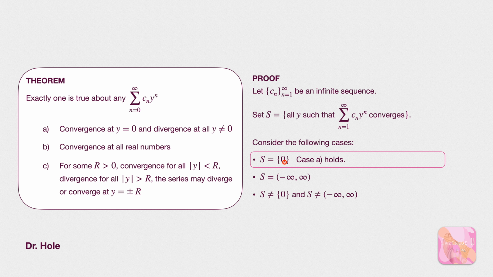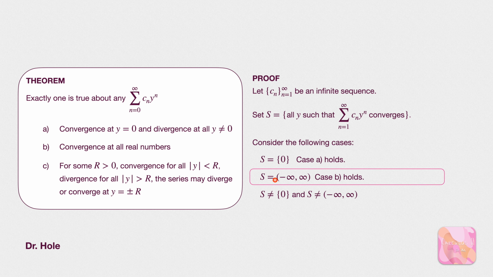If we only take y equaling 0 to be a value for which it converges, then by the definition of S, all other values lead to a divergent series. On the other hand, if we take S to be the entire real line, then that's going to give us case B holding, that we get convergence at all real numbers. So to be neither the first case nor the second case, let's let that be the third case.